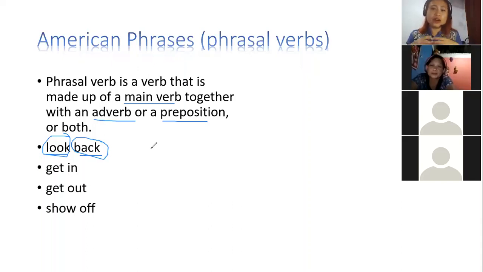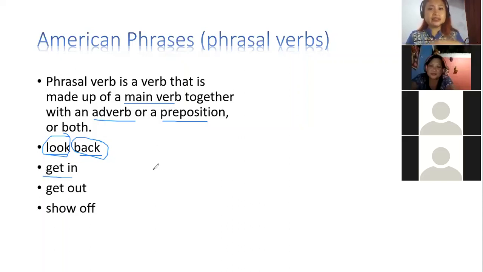Before I sleep at night, I always look back into the past. So instead of using advanced vocabulary like reminiscing, recalling, remembering, people say look back, or recall. Recall is very common, but reminiscing, for example, is not.